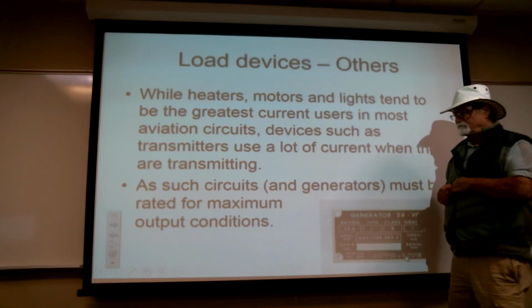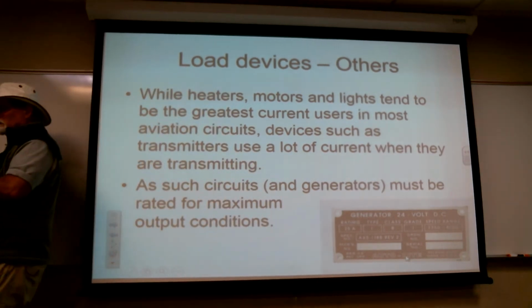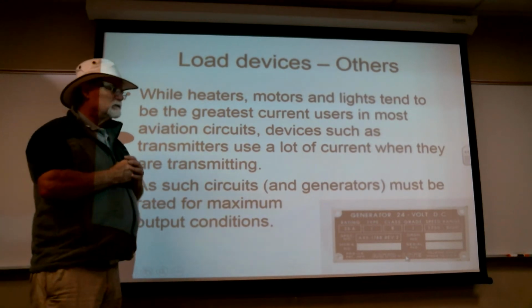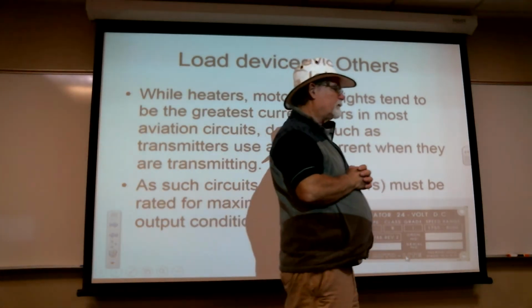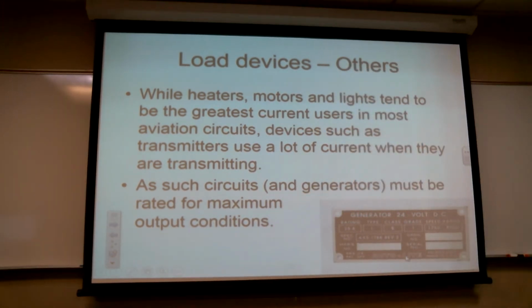but probably another factor in this is, along with motors and lights, these guys are going to be rated in some type of power consumption value. It's probably going to be volts and amps.